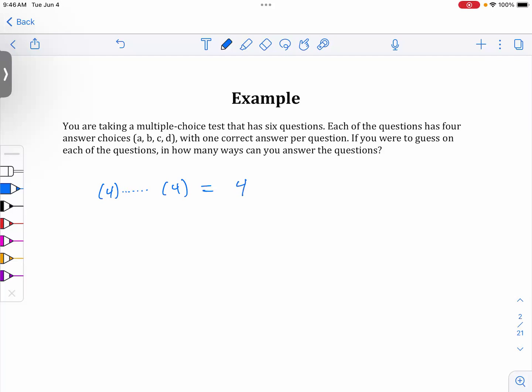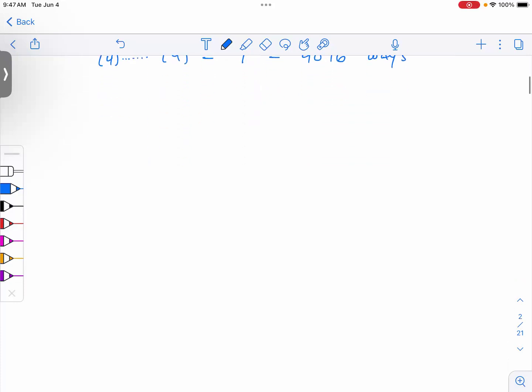And then I want you to understand that we can simplify that by just doing 4 to the 6th, which would be 4,096 ways. All right, so we're going to get into various questions.